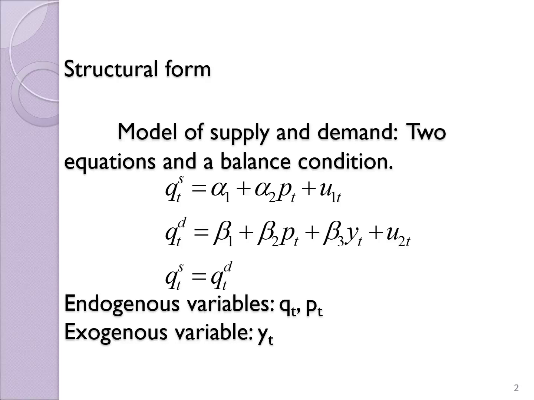Then we have a balance condition, which is that the quantity of each of the two equations should be equal to each other, and then we will have also that we have endogenous variables, which are Q and P. They are endogenously determined in this system of equations, and this is a typical situation in economics. We have also an exogenous variable, Y, which is the income, and it's determined outside this system.